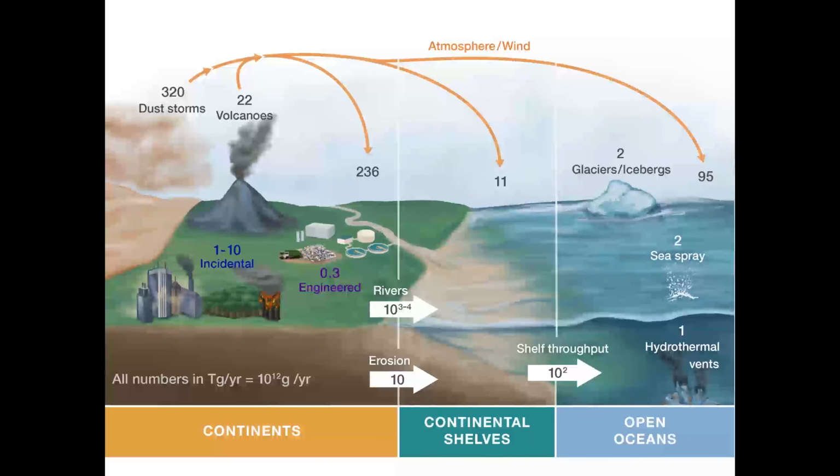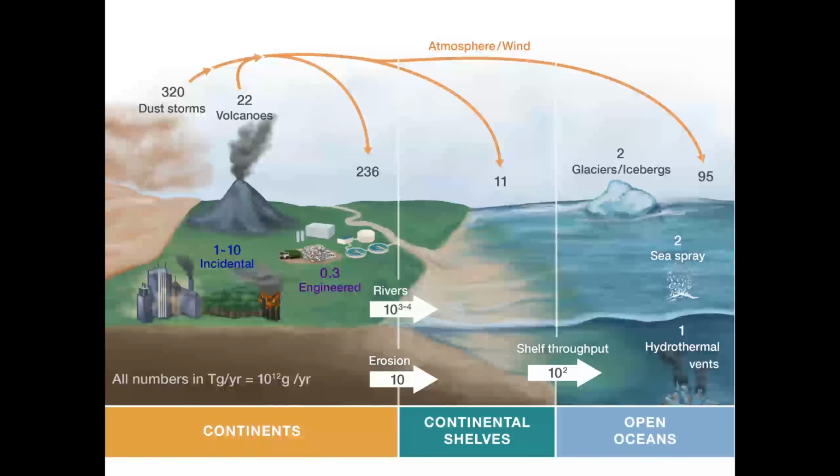And a teragram is 1,000,000 metric tons. So what I'm saying in dust storms is that every year on this planet right now, 320 million metric tons of nanomaterials are in those dust storms that distribute through the planet on landing, on the continents, on the ocean margins, and in the open oceans.